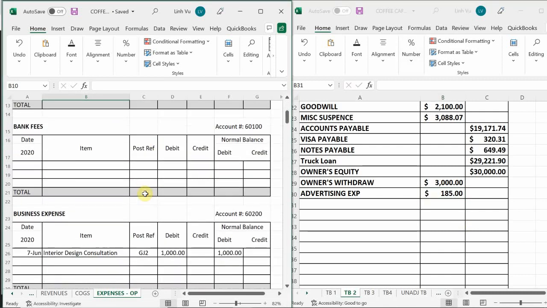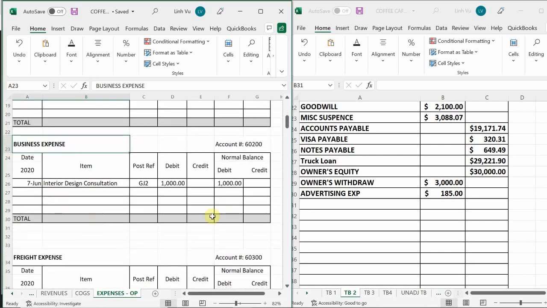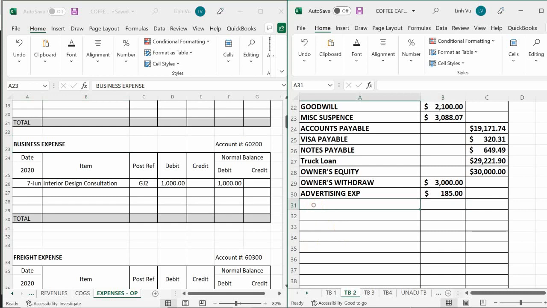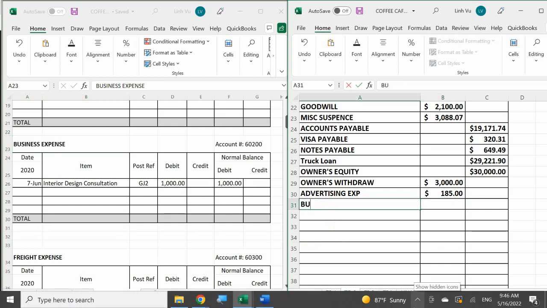Okay. Let's see what's next. Bank fees. I haven't even got anything from the bank yet. We don't pay it until the very end. Okay. Business expense. Yes, I did encounter business expense. For how much? We spent $1,000.